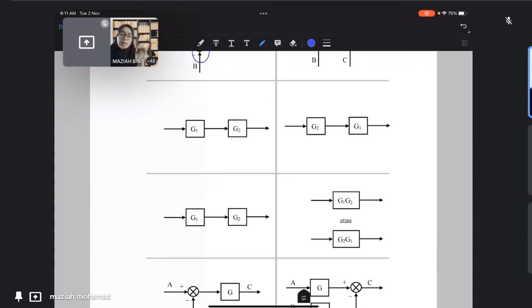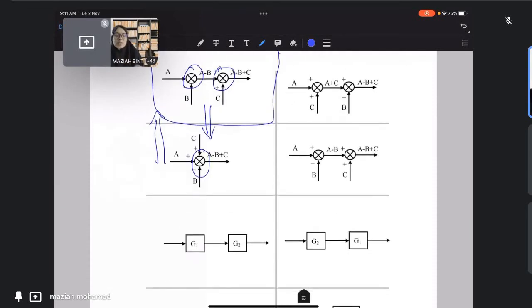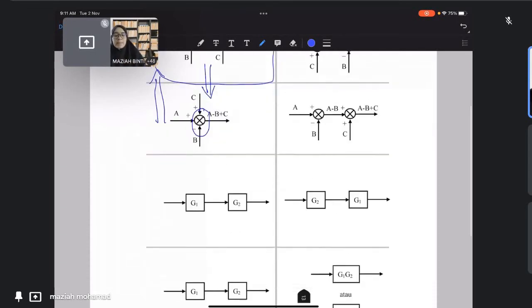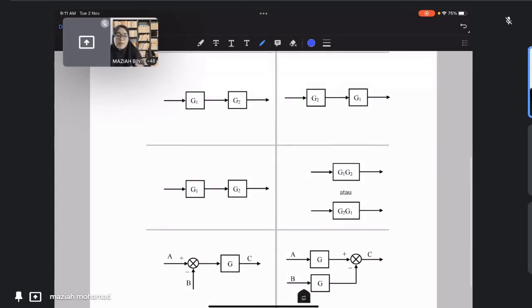I said just now we have 5 basic rules. The first one here is not considered because this is just a concept. The first rule is the series block. For a series block, in terms of positioning, it doesn't matter whether G1, G2 first or G2, G1 first.